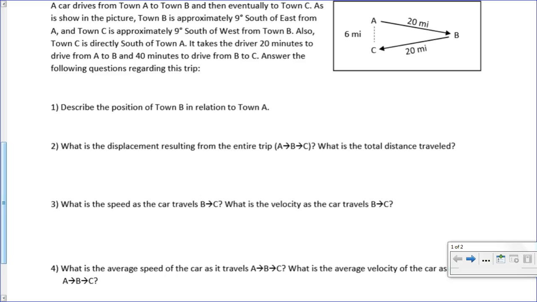So it is 20 miles away, at 9 degrees south of east. Or you could have said in the direction of 9 degrees south of east.